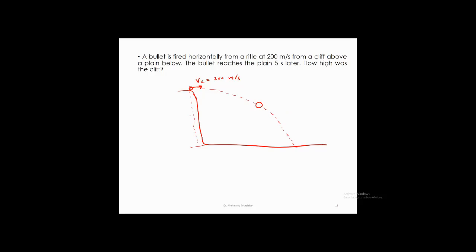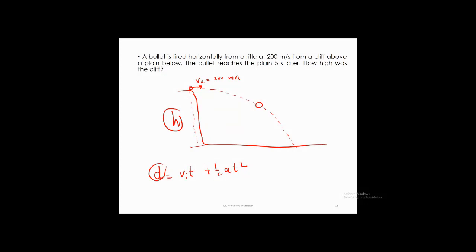Good. He asked about h, the height, this distance. How to get it? D equals Vi t plus half a t squared. If you would like to find D or H, it doesn't matter what you call it, that's the height. We need to find V initial, the time it will take to hit the ground, and the acceleration.